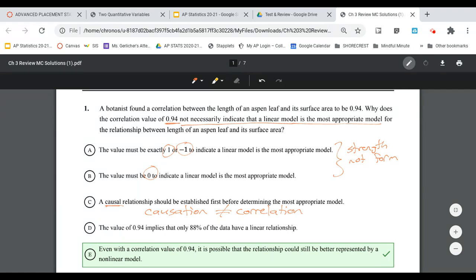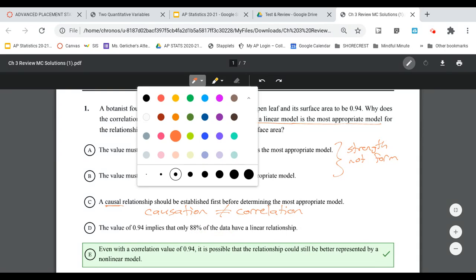D is talking about R squared. If you square root 0.94, which I'm pretty sure that's the case. Let me double check on my little calculator. Where did they even get that from? 0.94 squared. Oh, there we go. Okay, I did that backwards. My bad. Let's try that again.